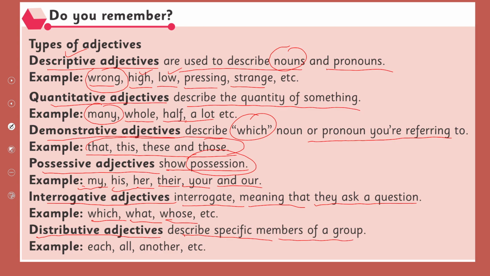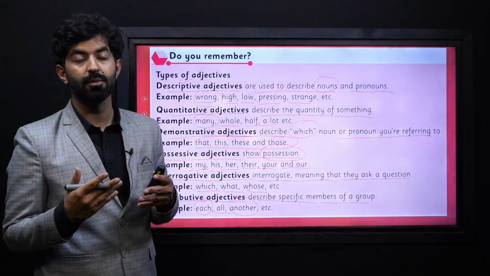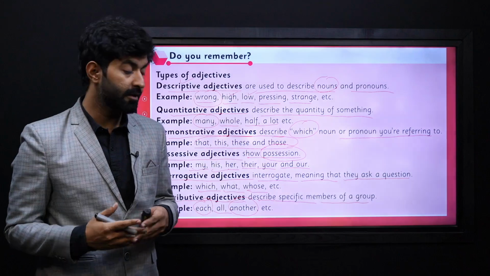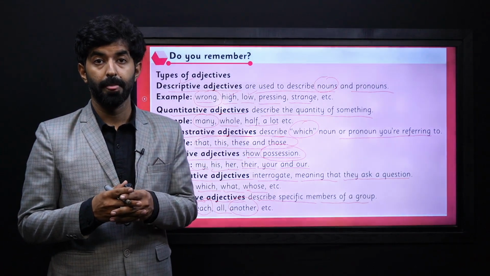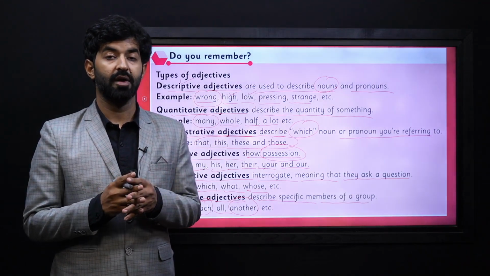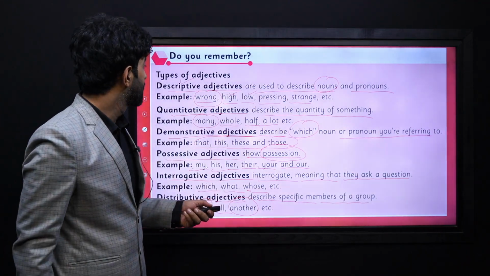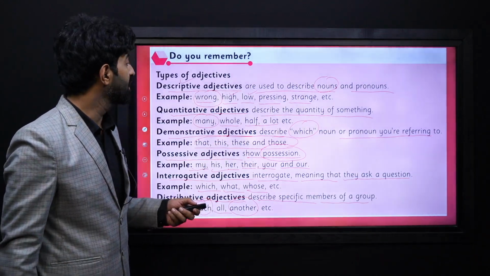For example, each, all, another, etc. All these are showing us whether it's for one person or more than one, showing the group.